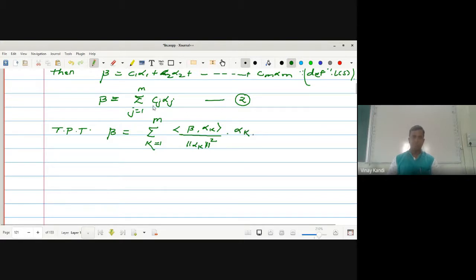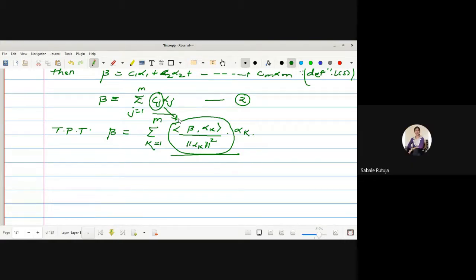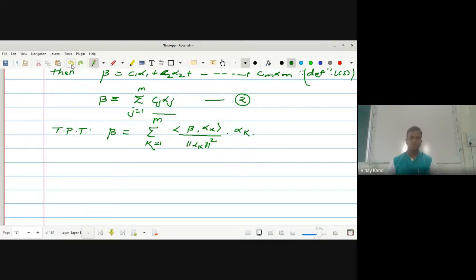Look at this statement and this statement carefully. If I prove the value of Cj, then the result holds. Is it correct? If I show you this constant, the result will hold. Putting the value of Cj in equation 2 we get the required result. Now we have to prove this one.